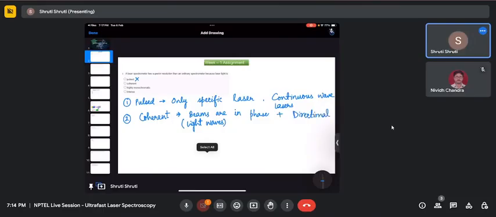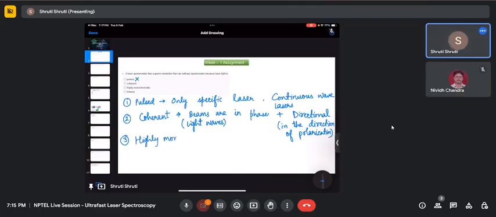Also the intensity. Since the beams are coherent and directional, the power does not diverge. The beams move in one direction, so all of the power is concentrated in that particular direction.